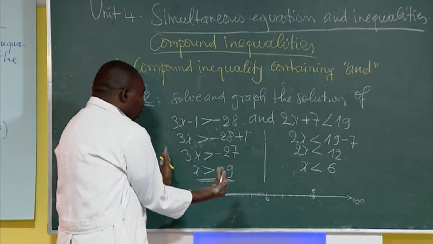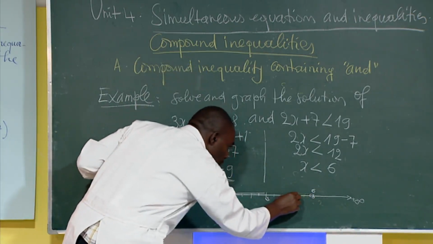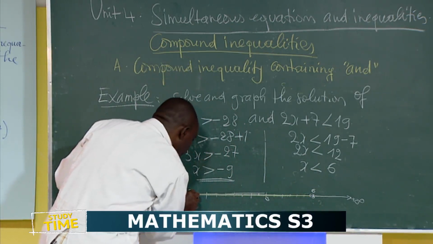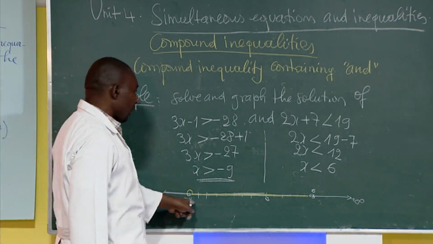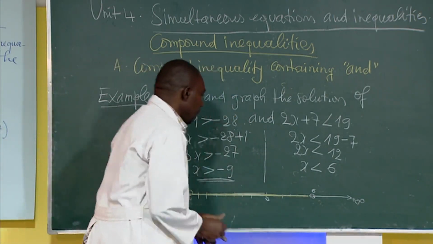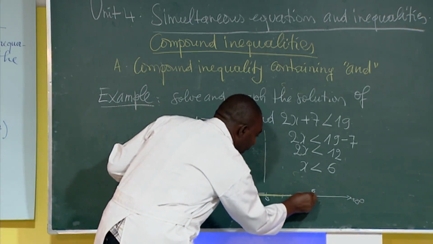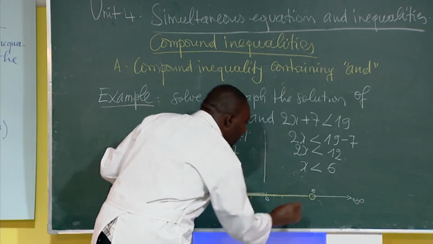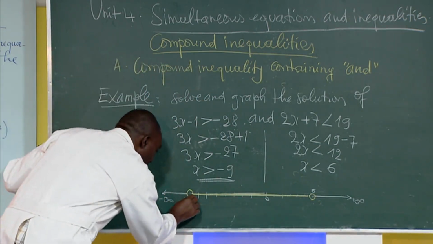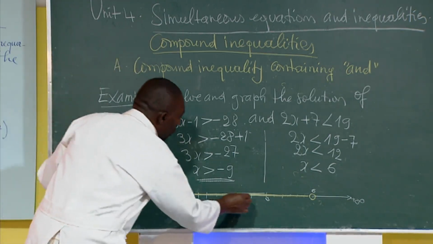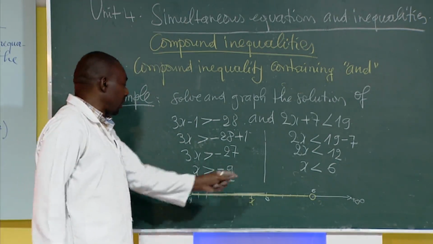So combining these two values, the solution will be this part lying between minus 9 and 6. These open circles mean that minus 9 and 6 are not members of our interval. And I can put x there. It means x stands for all numbers between minus 9 and 6.